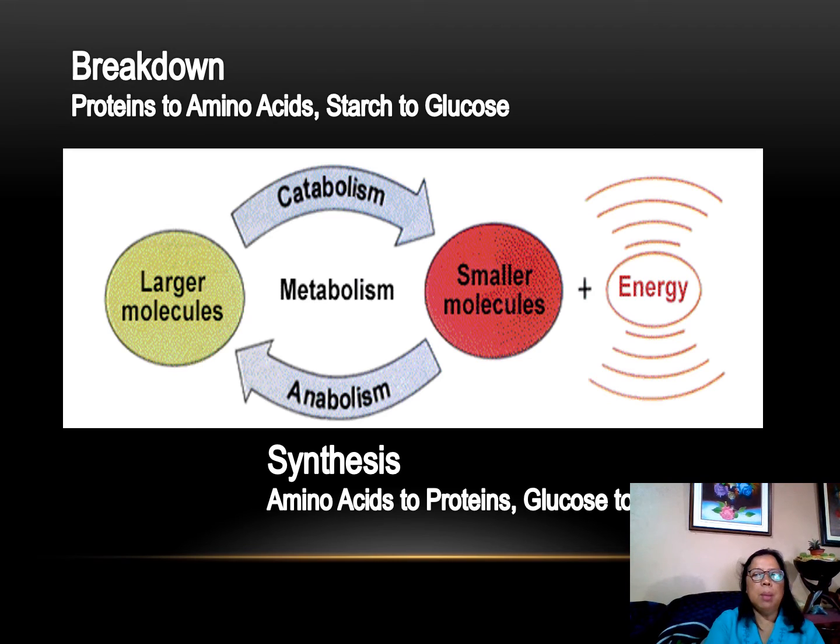So the presence of the amino acids now will provide the presence of energy. However, it could follow and reverse the reaction, and that is anabolism. From the smaller amino acids, they are brought together to form larger molecules, and that is protein.